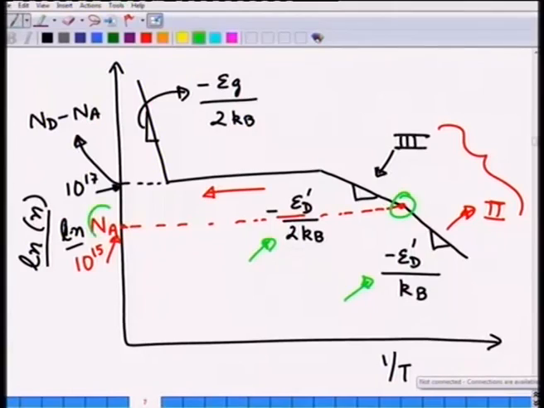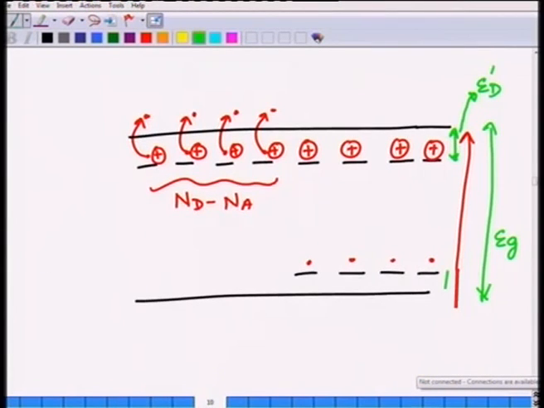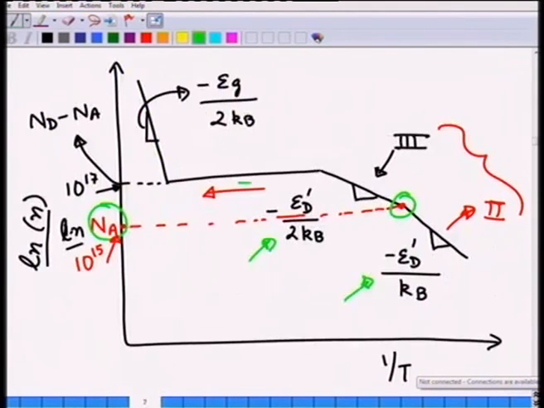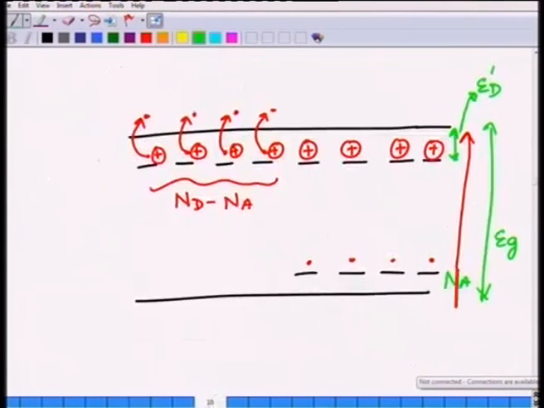When you see a break in slope, you can measure what the NA value is, you can figure out how many of these acceptor levels are present. When you see a flat region, you can measure what ND minus NA is, and hence you can figure out the total number of ND levels present. And finally, when you go to higher temperatures, you can also measure the band gap of the semiconductor.